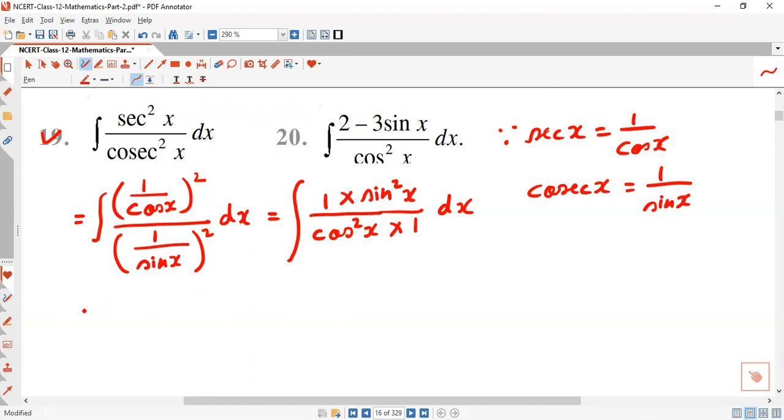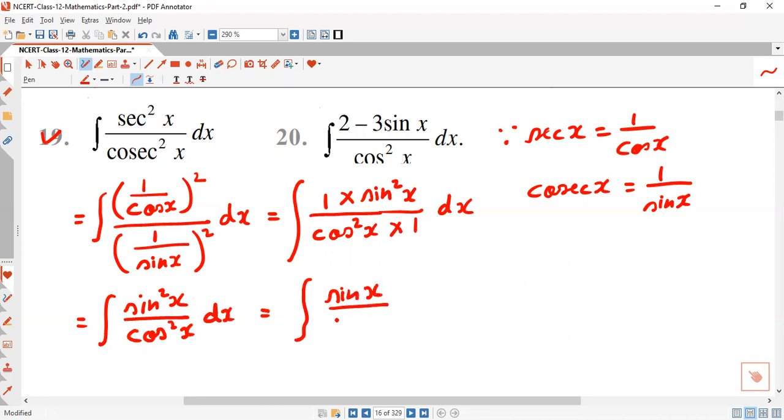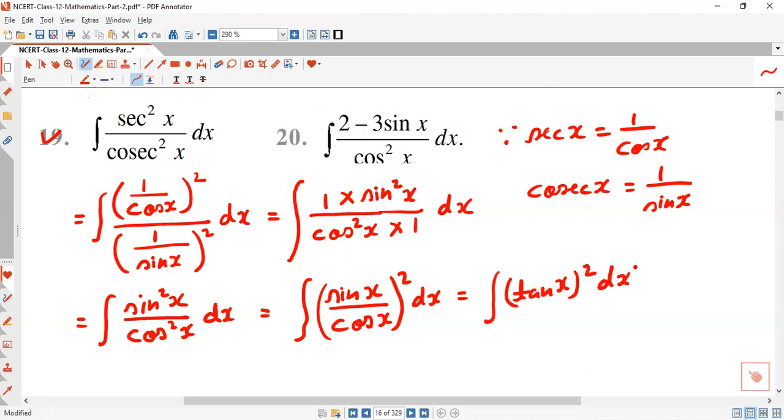So we write integration of sine square x upon cos square x dx. This can be written as the combination sin x upon cos x whole square dx. That sin x upon cos x can be written as tan x whole square dx.